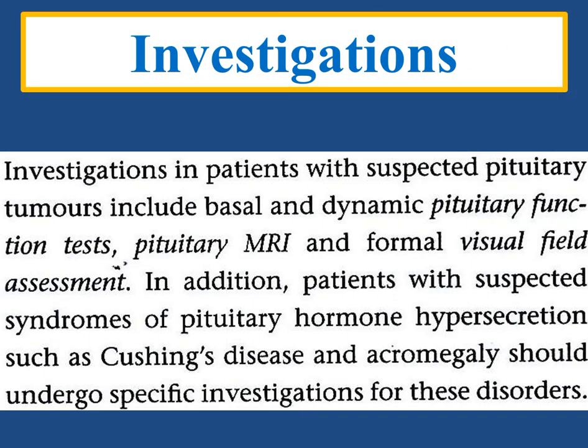Investigations. Investigations in patients with suspected pituitary tumors include basal and dynamic pituitary function tests, pituitary MRI, and formal visual field assessment. In addition, patients with suspected syndromes of pituitary hormone hypersecretion, such as Cushing disease and acromegaly, should undergo specific investigations for these disorders.